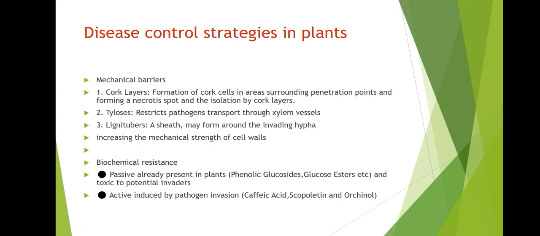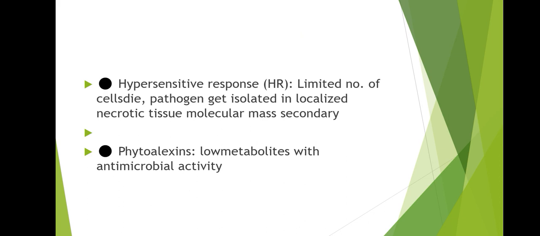And the second one, active, induced by pathogen invasion, like caffeic acid, scopoletin, and orcinol. Like the hypersensitive response, where a limited number of cells hit by the pathogen get isolated in localized necrotic tissues, and phytoalexins, low molecular mass secondary metabolites with antimicrobial activity. Thank you.